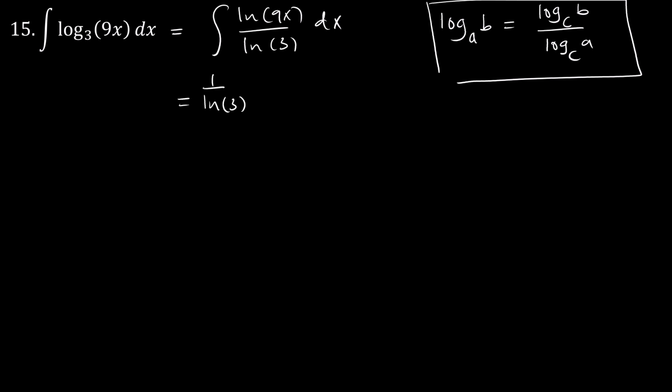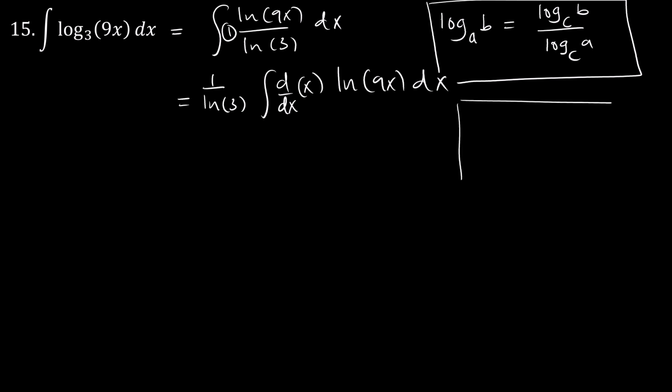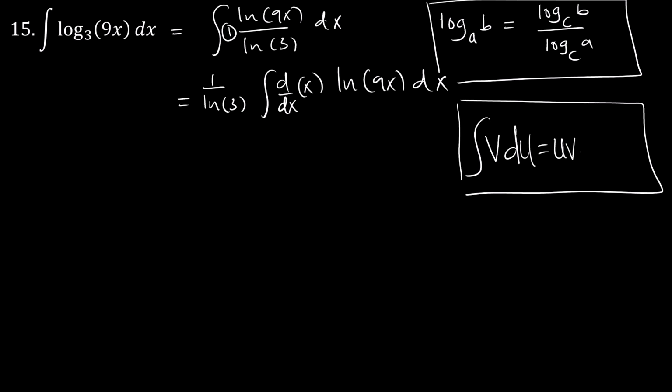So the next thing I want to do is, there's a hidden 1 there, so we can say this is the same as the derivative of x times the natural logarithm of 9x. And then using integration by parts, what does integration by parts tell us? If we have an integral of two functions, v and the derivative of function u, then when you integrate that you have uv minus the integral of u dv.